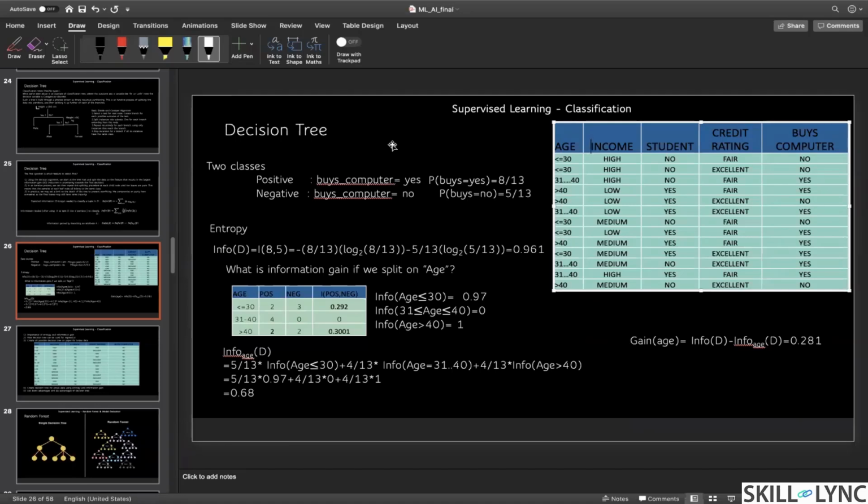So what you can do is calculate the gain value. We have calculated for age, so calculate the gain value for income, for student, and for credit rating. Now based on the gain value, the highest gain value should be at the root node. And then the next classification of the tree should be based on the second highest gain value.